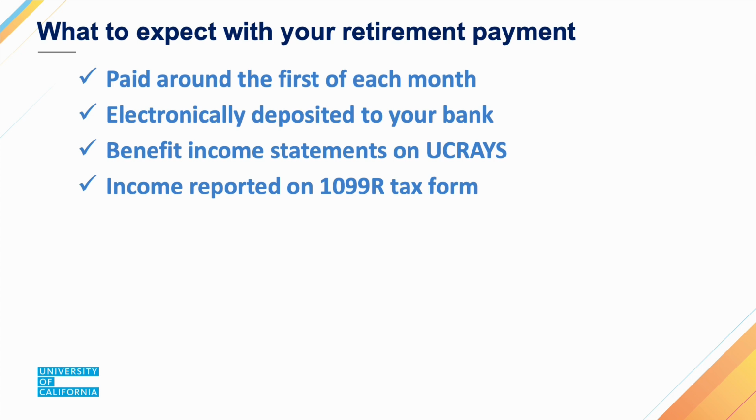And then you'd also be logging into UC Raise in order to access your 1099-R form for your UCRP pension benefit, lump sum cash out and/or cap payment, for the pension benefit that was payable in this calendar year. And then in subsequent years, unless you're working as a rehired retiree for UC, you would not be accessing UC Path for that information. You would just continue to use UC Raise to retrieve your pension tax form.